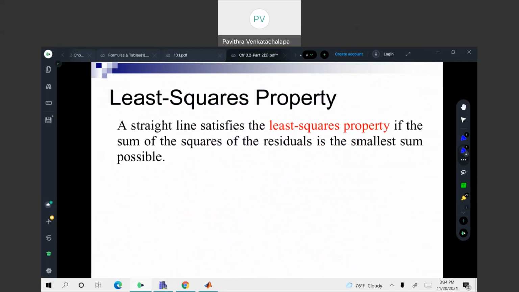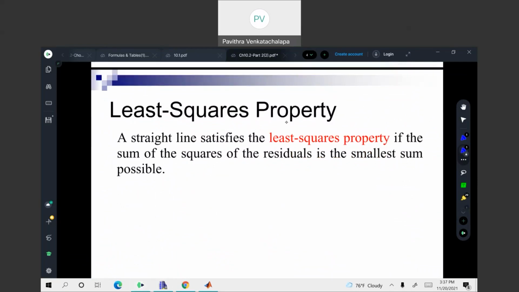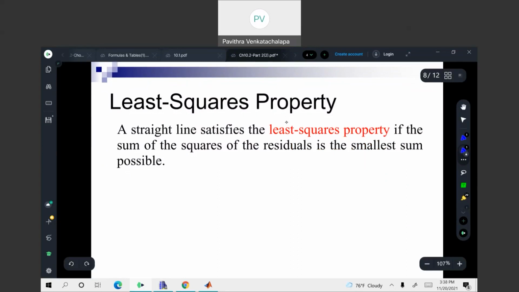Least square property. So what is least square? So this is a method to find the line of best fit. Line of best fit, that is your regression line for a set of data points.